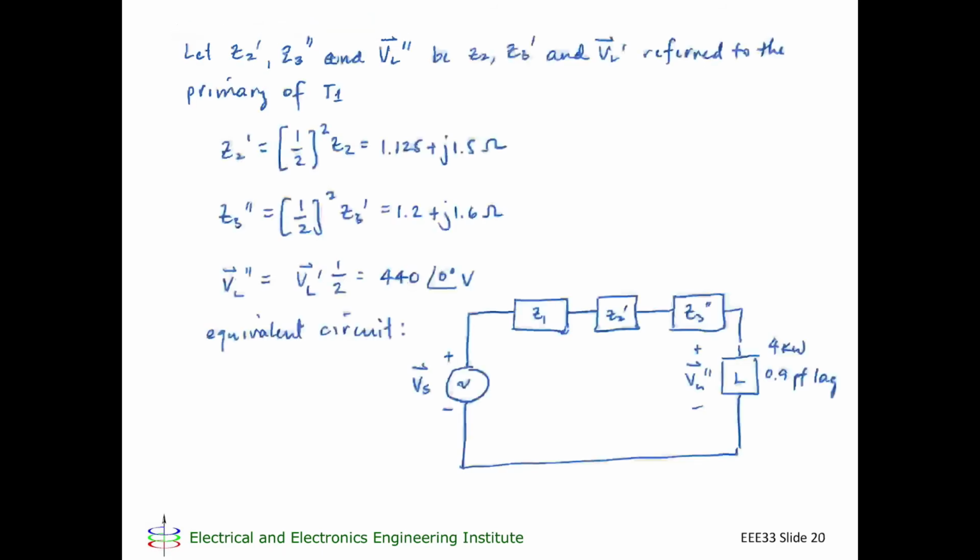This is our source current. But we know this to be equal to the load power plus j times the load reactive power.